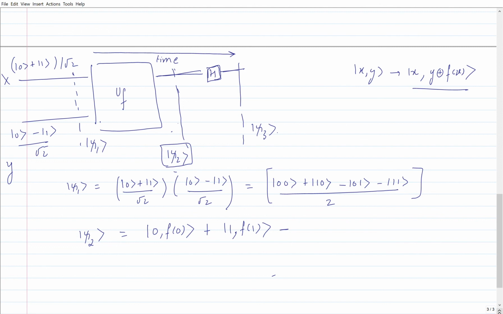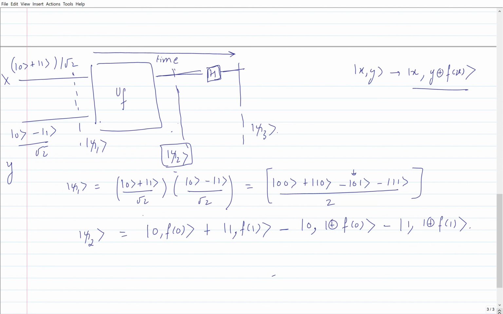Then what am I going to get? I'm going to get for this guy over here 0 and this guy, and finally I'm going to get 1 this guy.